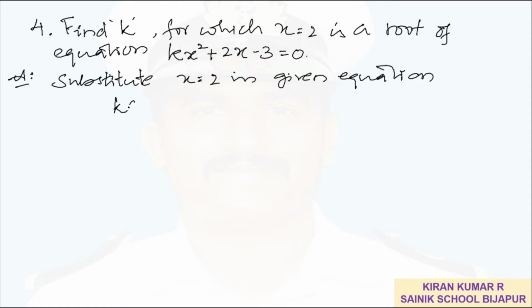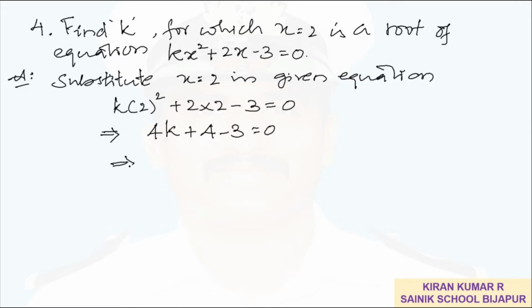So k times of 2 square plus 2 multiplied to 2 minus 3 is equal to 0. This implies 4 times k plus 4 minus 3 equal to 0. The value of 4k is negative 1. Therefore, k is minus 1 upon 4.